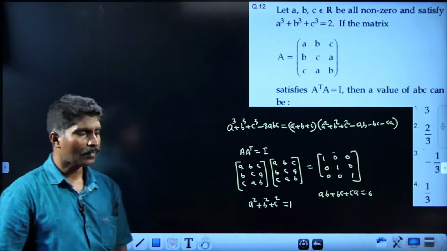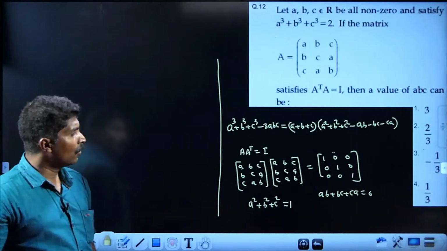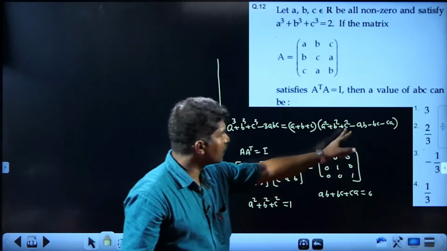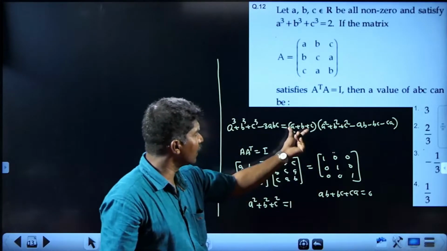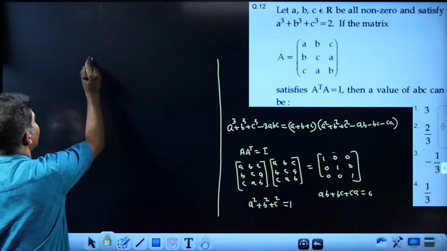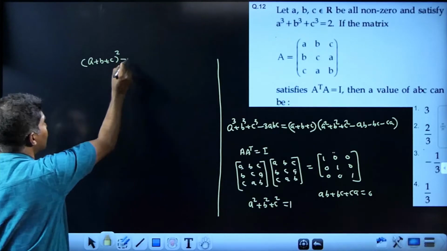Now, what are the different things? a square plus b square plus c square you are getting, ab plus bc plus ca you are getting. One more thing we need: a plus b plus c. To calculate a plus b plus c, let us write (a plus b plus c) the whole square.